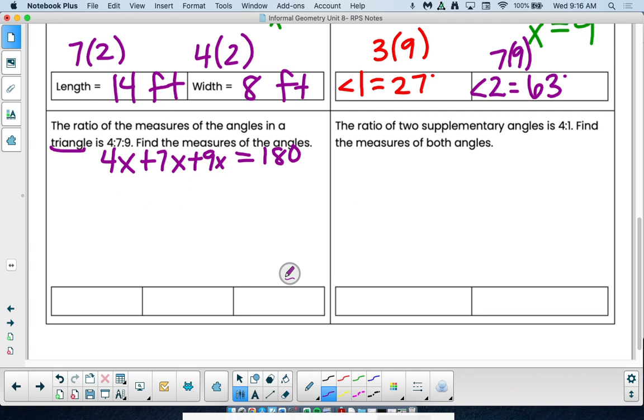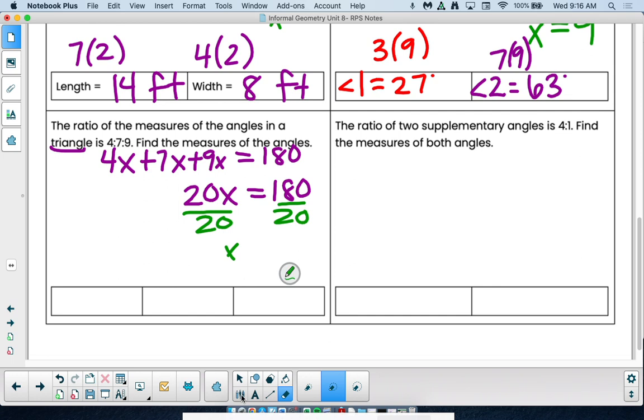Now, add up our x's. 4 plus 7 plus 9 gives us 20. Get x alone, divide by 20. X should be 9. There we go, 9. But again, we're not looking for x, we're looking for what each angle is. So we got to plug in.